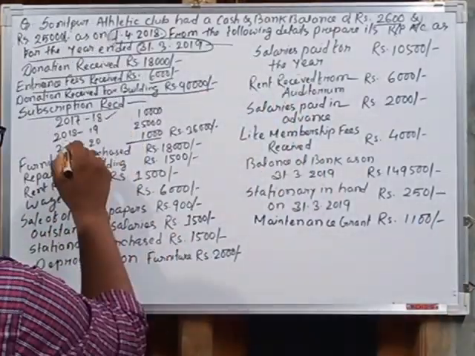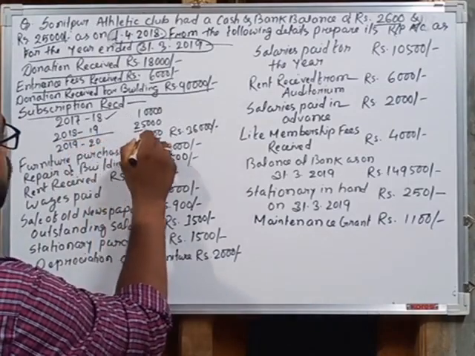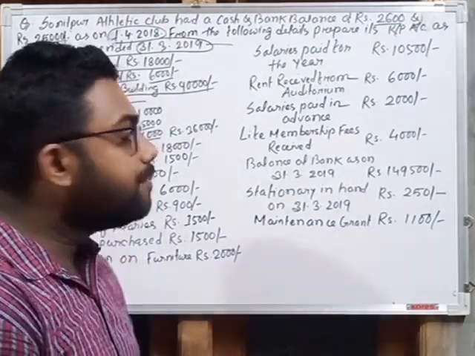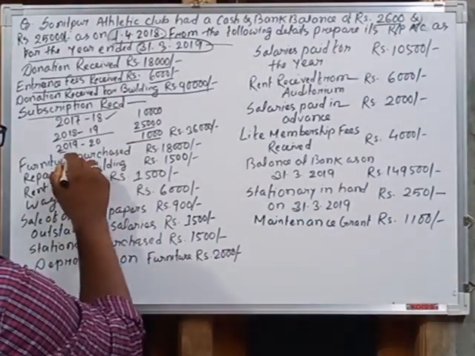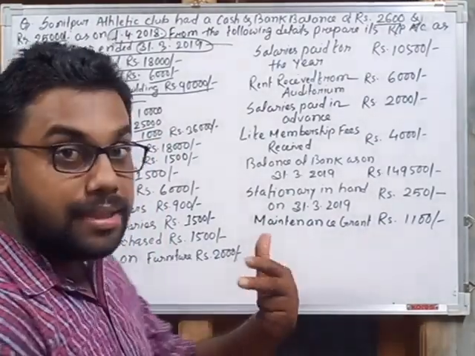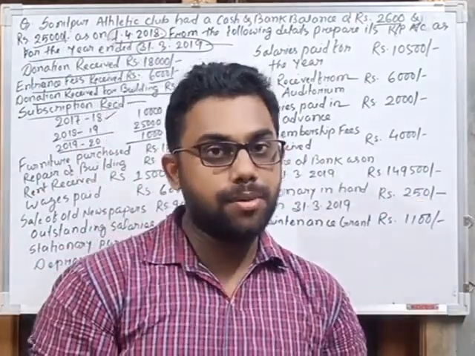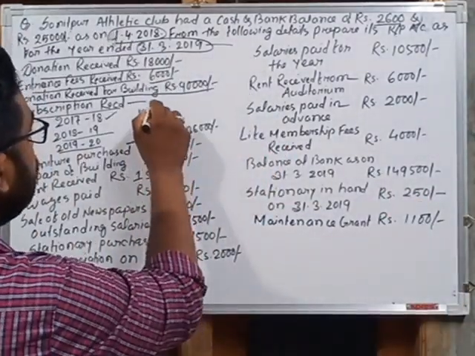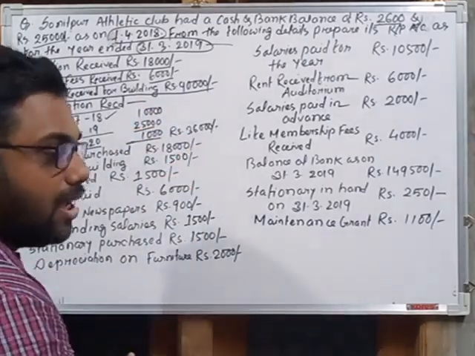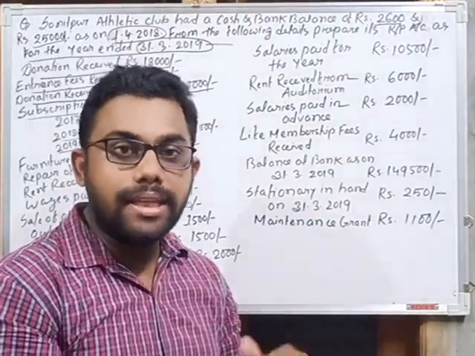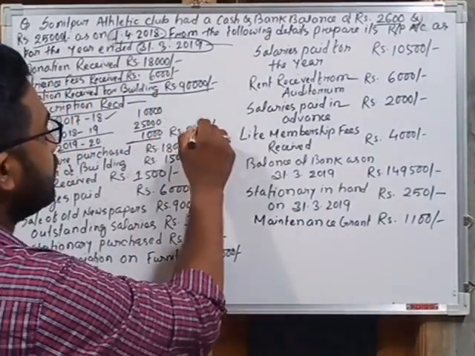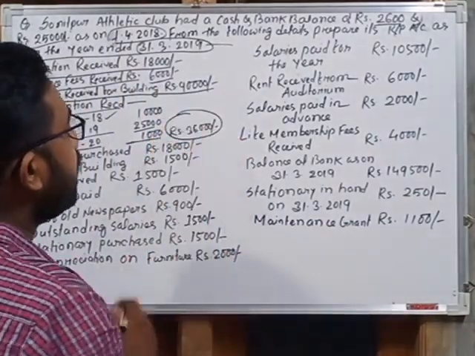Next, subscription received for 2018-19, 25,000, the current year. And subscription received for 2019-20, received in advance for the future year, rupees 1,000. So the total subscription received is 10 plus 25, 35, plus 1, 36,000.